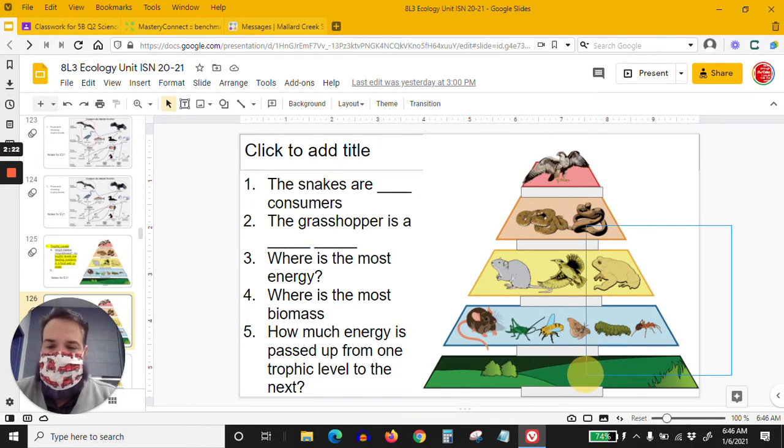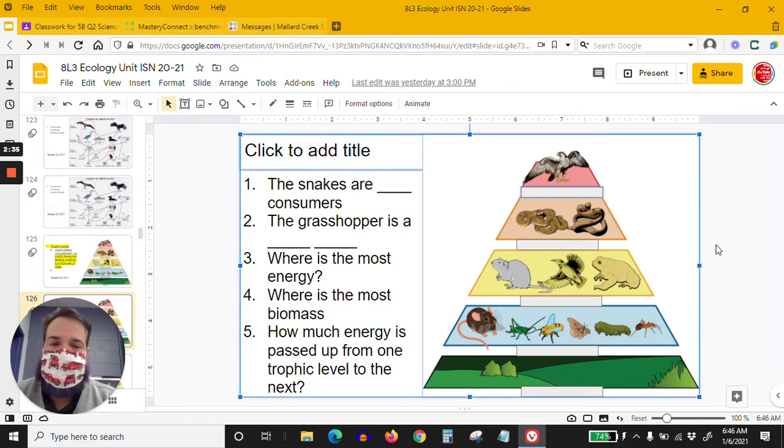How much energy is passed up from one trophic level to the next? We haven't talked about this before, but it's 10%. 10% gets passed up from one energy level to the next. The reason is that producers just have to photosynthesize. They get their free energy from the sun, they photosynthesize, and they grow. The grasshopper has to get to the grass, has to eat the grass, that takes energy. It has to digest the grass, that takes energy.